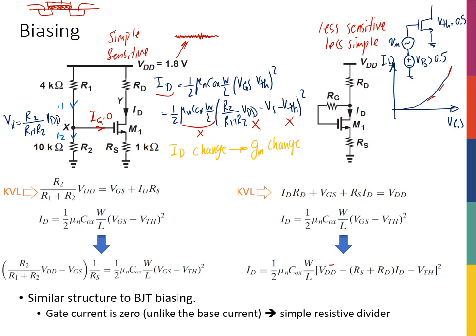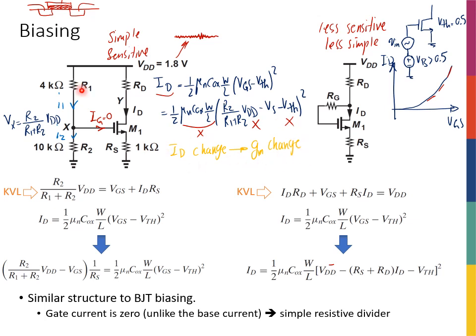So this is a circuit that's pretty simple and easy to design because I can set the gate voltage using a simple resistive divider, but the problem with this circuit is that any changes in the threshold voltage, VDD, or any of the device or physical parameters are going to have catastrophic consequences, right?